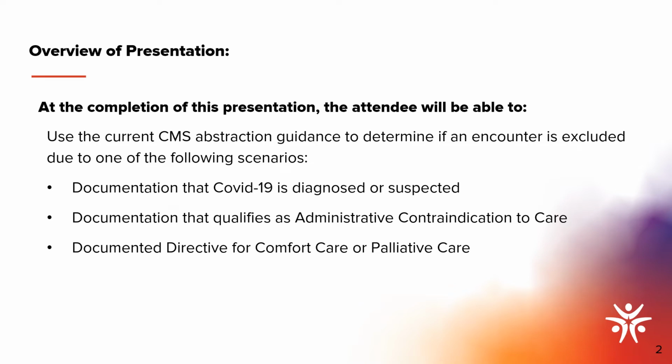The scenarios that seem to generate the most questions about excluding cases are the COVID-19 documentation that would qualify as administrative contraindication to care, and also documented directive for comfort care or palliative care. This discussion will focus on the guidelines and the examples from the most current data dictionary, as well as QualityNet question and answer tool responses related to the queries.